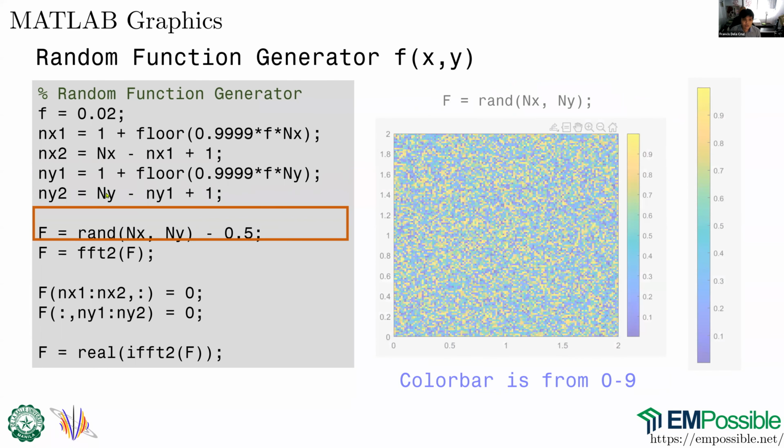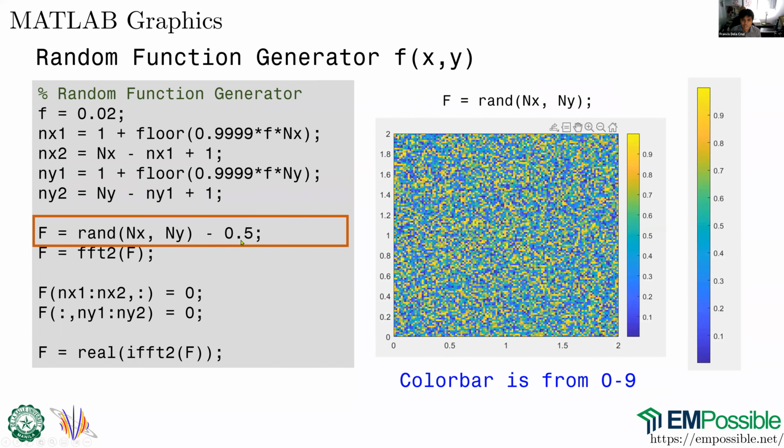The next, since we have NX and NY as the numerical width, for example, we have 128 elements along the X, 128 elements along the Y, then our function must also have the same dimension. And we will use the rand function to create some kind of random function.